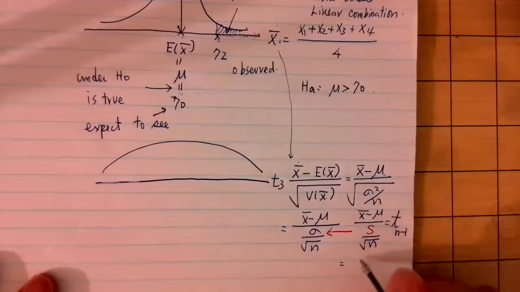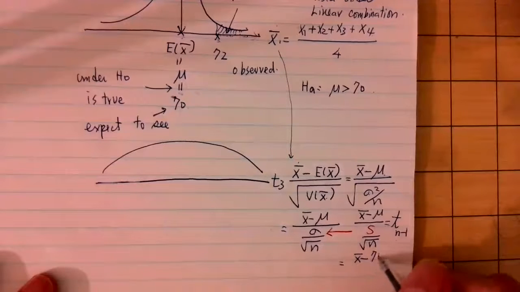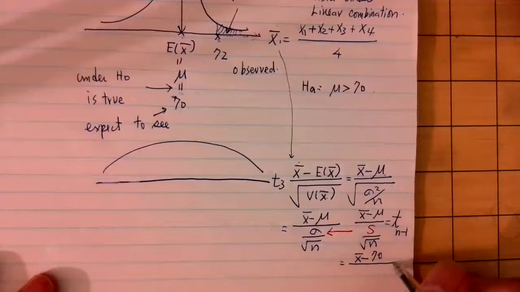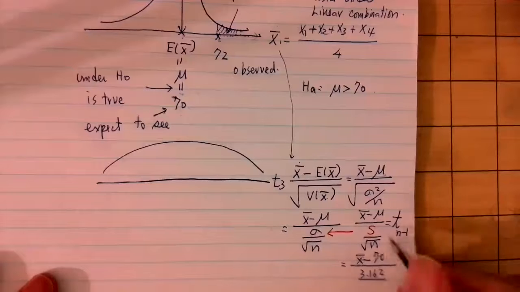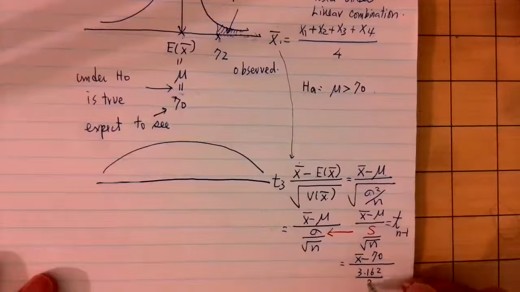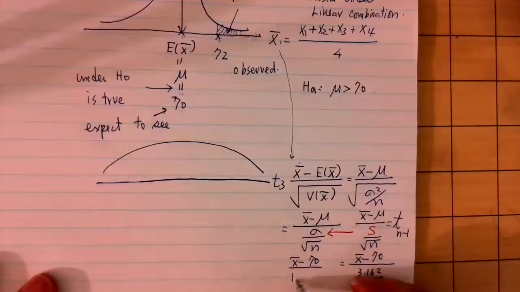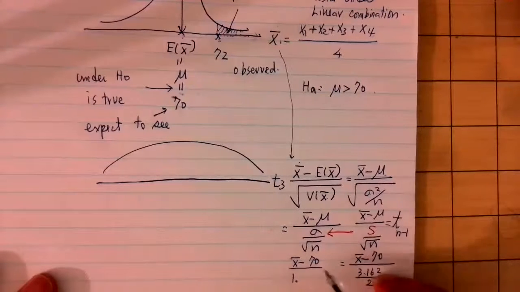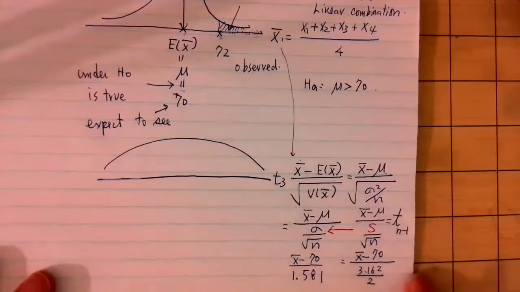And let's substitute the numbers. X bar minus mu under H naught, mu is 70. And we calculate S over root n: 3.162 divided by square root of 4, and that's 1.581.